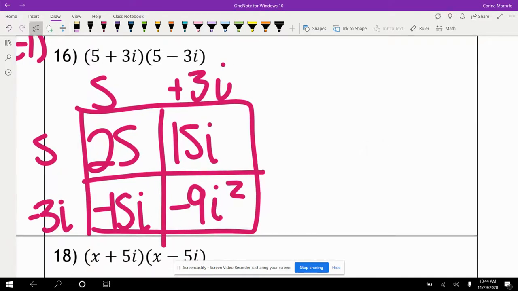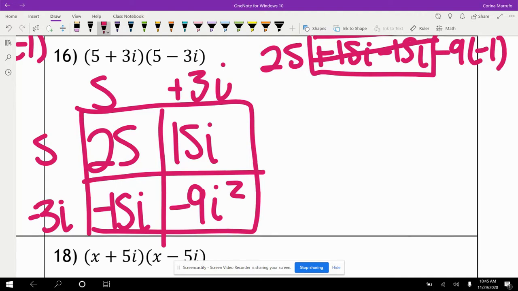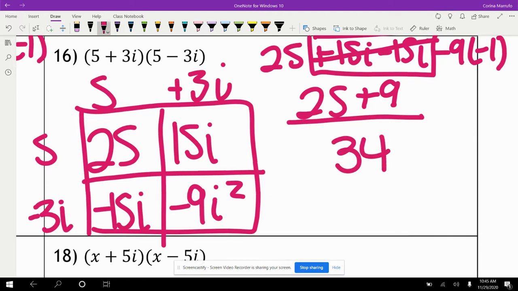So we write it all out: 25, a positive 15i, a negative 15i, and a negative 9. Instead of i squared, we write a negative 1. The same thing happens again: these two terms cancel each other out, plus 15 and minus 15, 0. Then we get 25, and negative 9 times negative 1 is a positive 9. Adding these together gives us 34. And that's it. You end up with a real number.